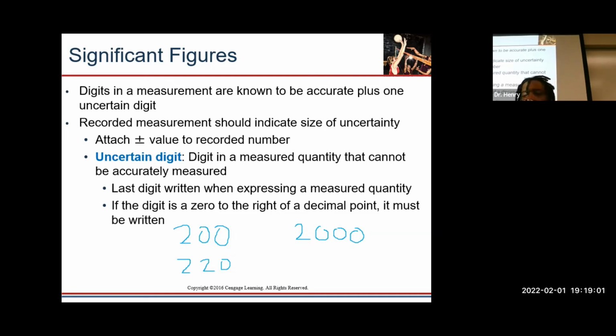Okay, so when we have a zero that is captive, captive means that it's stuck between two non-zero numbers, right? All of those numbers are going to be considered significant, even the zero. So in this case, 202, we have 3 significant figures.